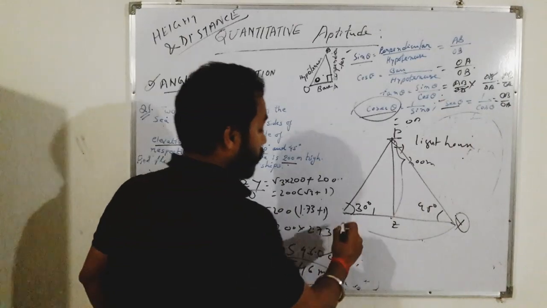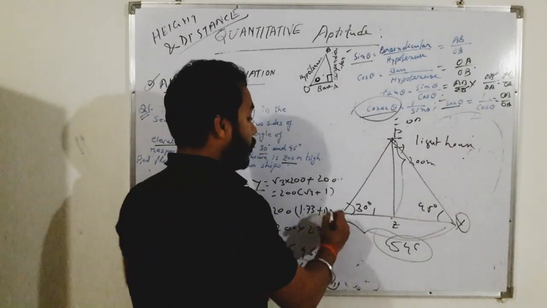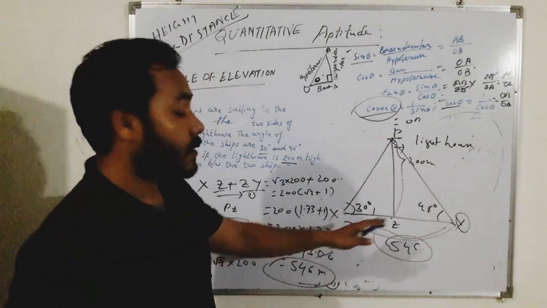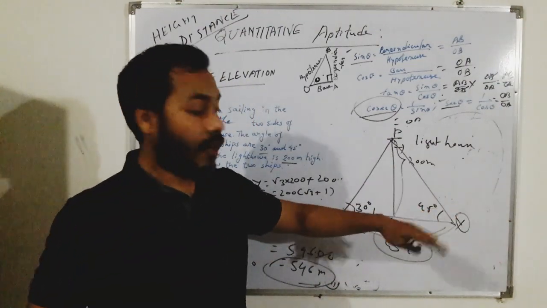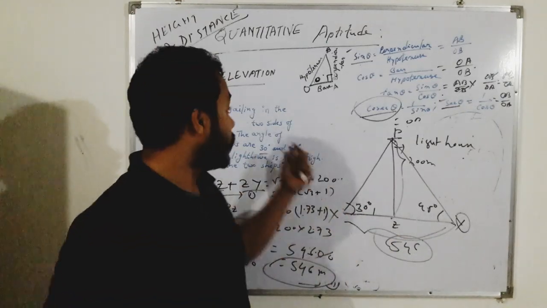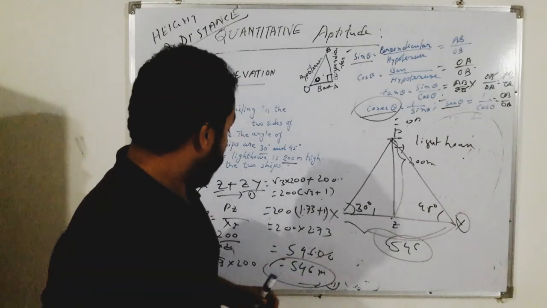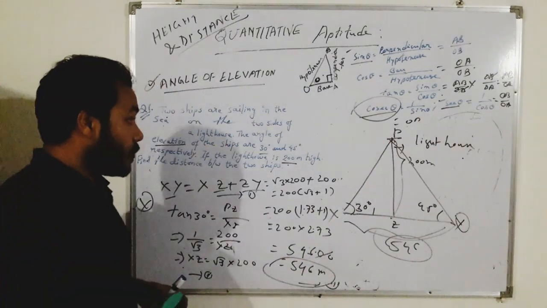So 546 meters is nothing but the distance between these two ships X and Y. See how easily we found the distance between two ships using the angles of elevation. Clear? So I think this is clear to you.